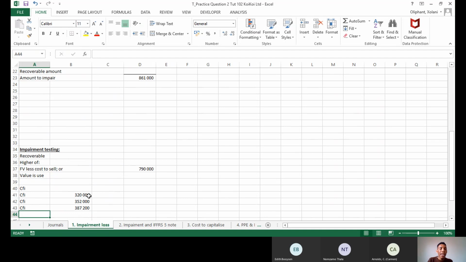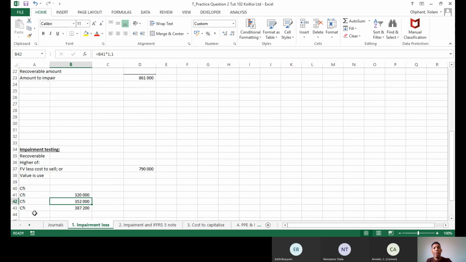So the trick is, if they give you a discount rate that is after tax, you will need to adjust it to be pre-tax, because these cash flows here, so the idea is, in between year 1, the tax rate might change.